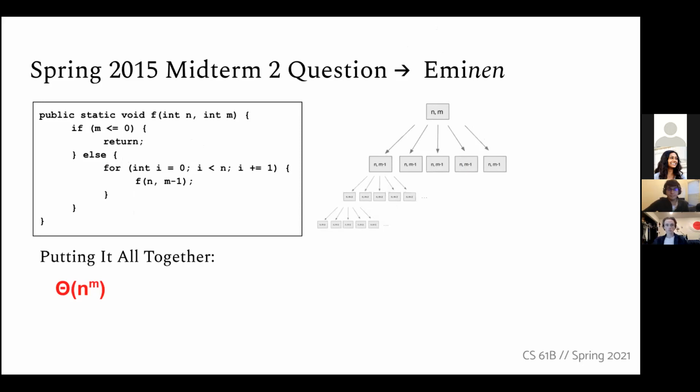Yeah, Preeti. Yeah, so is this related to the whole branching factor term where it's the number of branches raised to the height of the tree? Is that something we can use?